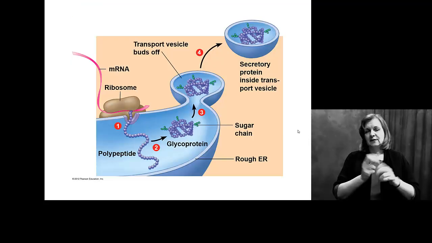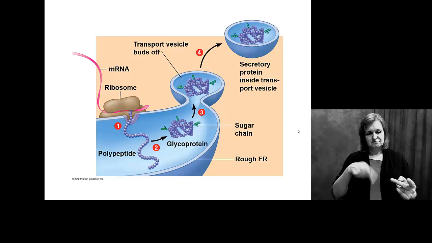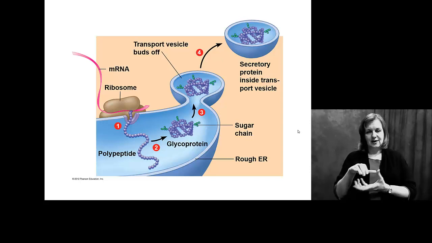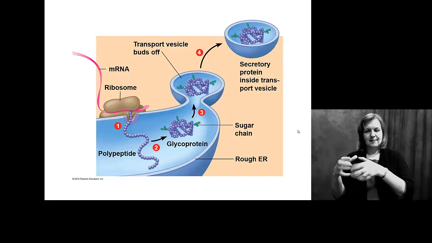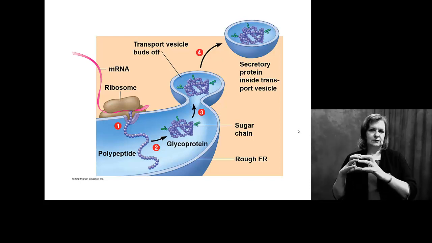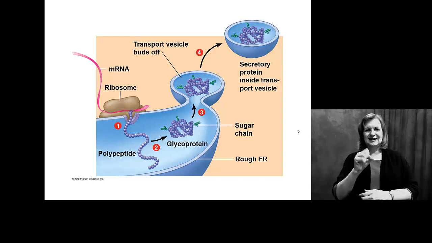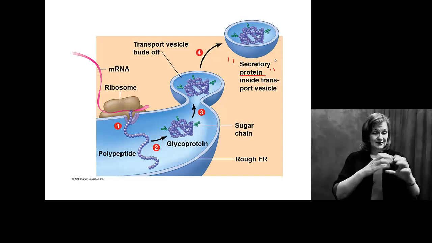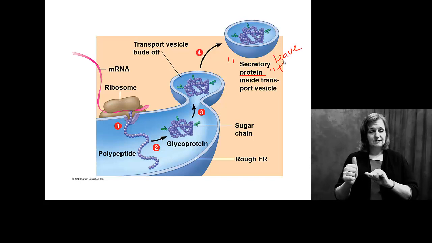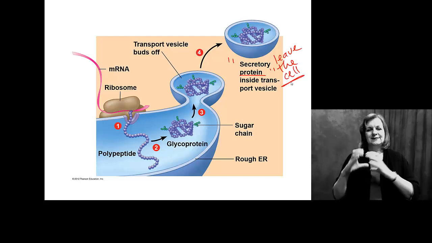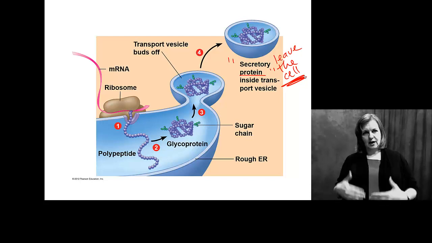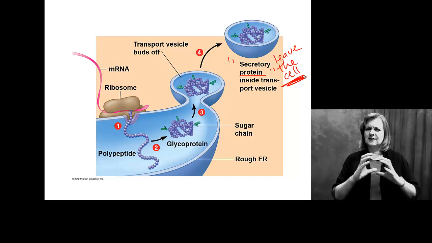The rough ER is going to make proteins that are going to be packaged up in such a way that they will actually eventually leave the cell. So this secretory protein is a protein that is going to leave the cell. We have a lot of cells whose job it is to make proteins that are going to be used throughout your body. So these are really important for us.